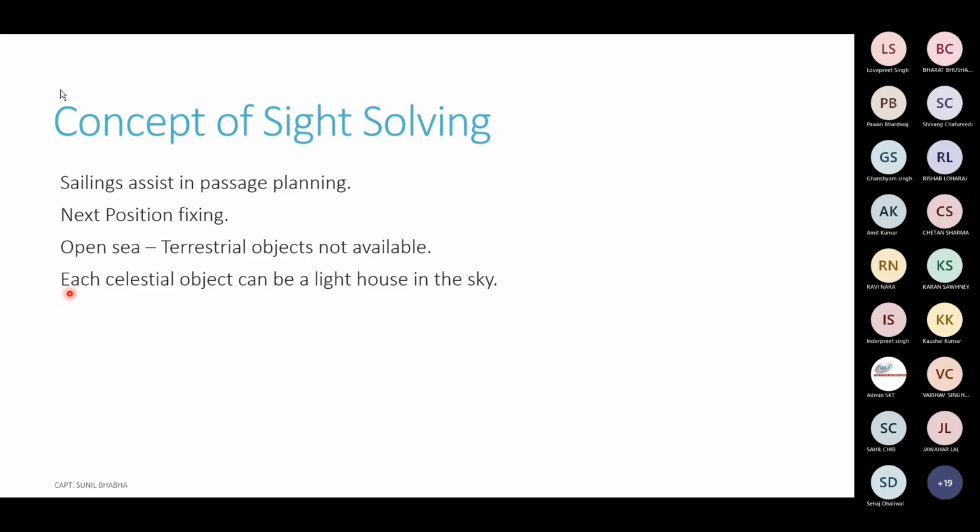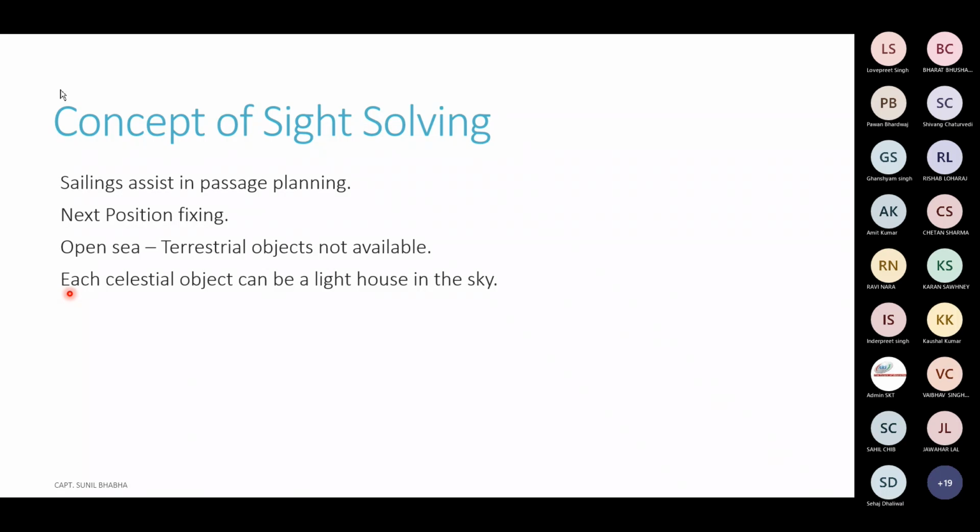These four planets are closer to us as compared to others, and they are easier to identify in the sky. So these are the ones which we use for our navigation or position fixing. And the fourth category are the stars. So sun, moon, planets, and the stars. All these heavenly bodies are known as celestial objects.